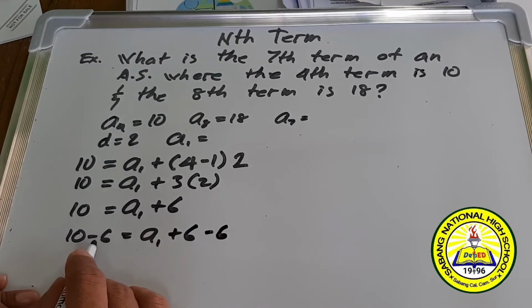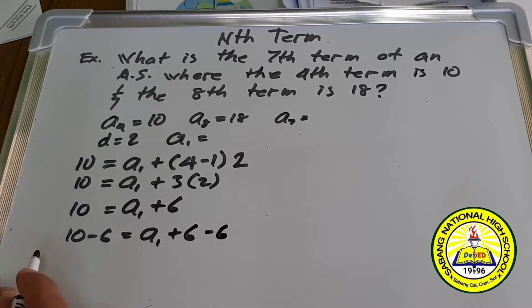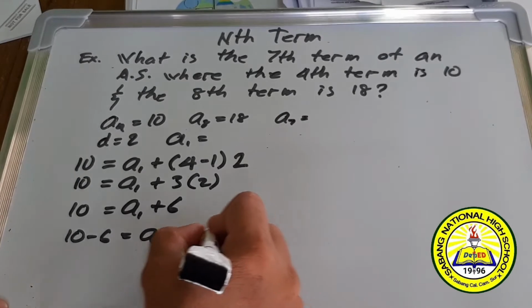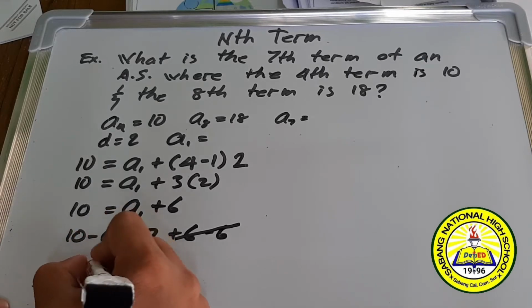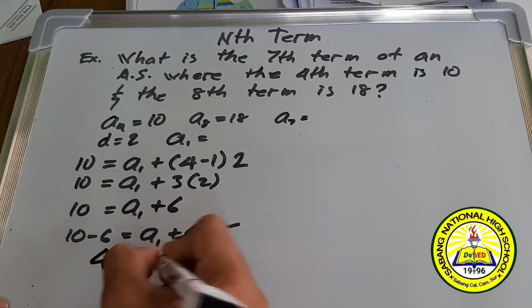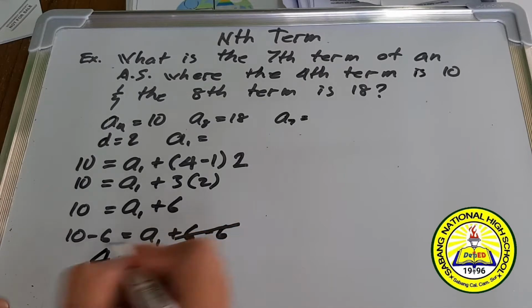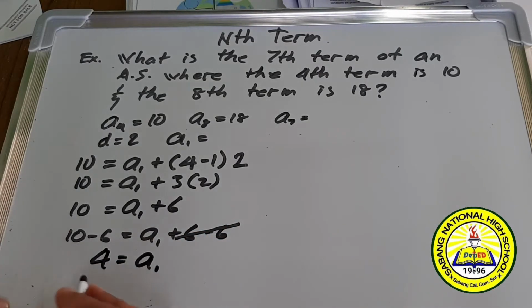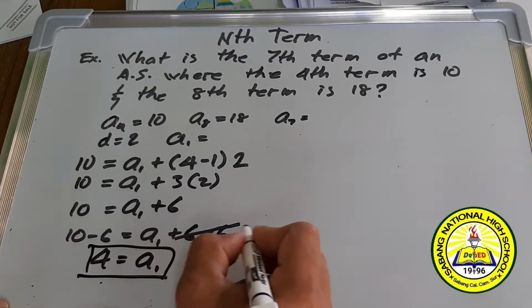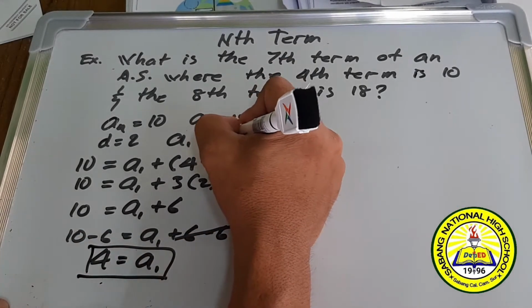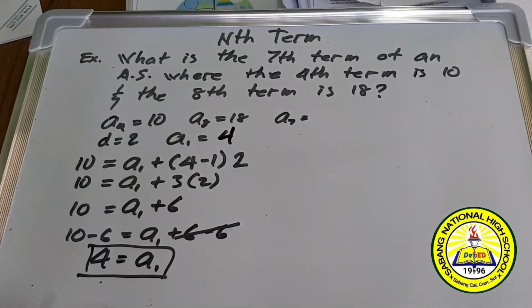We are going to subtract 6 on both sides, so that 6 on the right side will become 0 or will cancel. So 10 minus 6, that is 4, and what is being left is only a sub 1. Therefore, the value of a sub 1 is 4. A sub 1, based on our computation again, is 4.